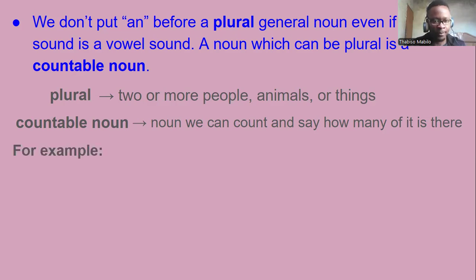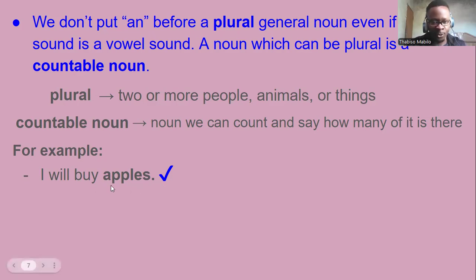Okay, let's look at this. For example, I will buy apples. This is correct. So apples, it's now more than one. It's not one. So that's why I don't put an. If it was just apple without s, then of course I was going to put the article an. But it's many apples, so I don't put the article an.